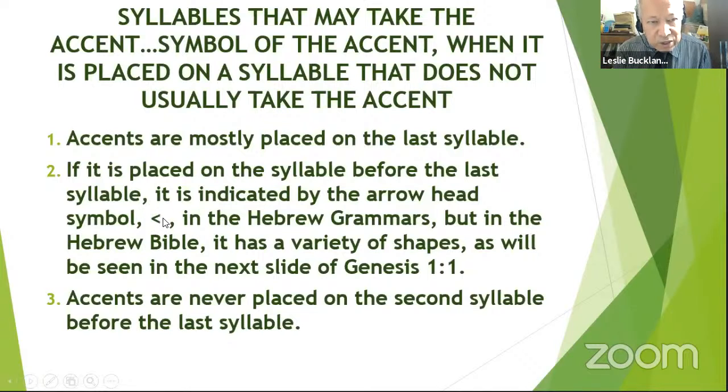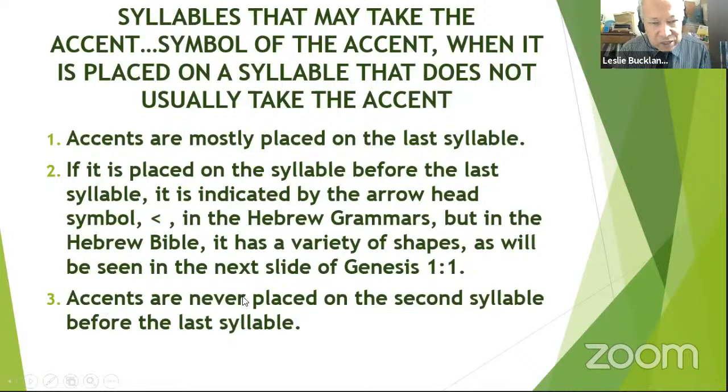You would only see this symbol, this arrowhead, if the accent comes on a syllable other than the last syllable. And this arrowhead would indicate that you are to emphasize a different syllable from the last syllable.